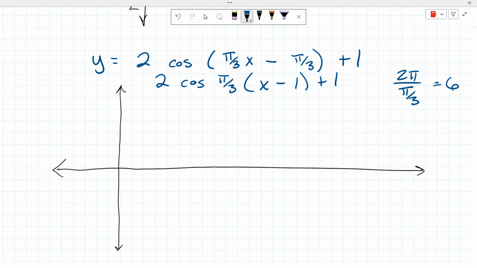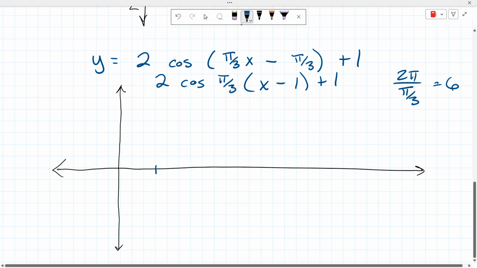So, if 6 is my period, I might go 3 to get to wherever I'm going.